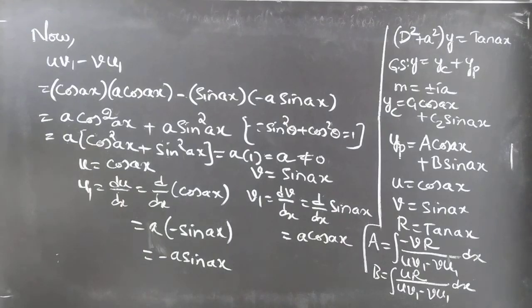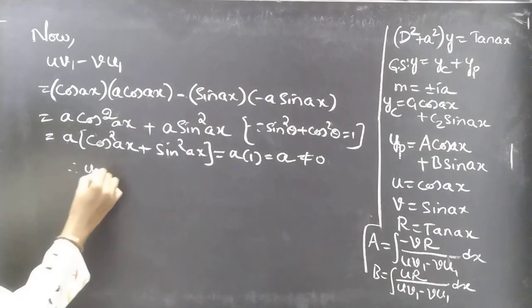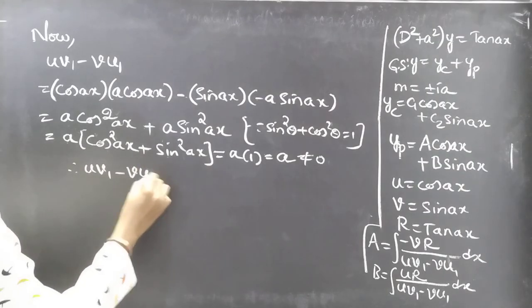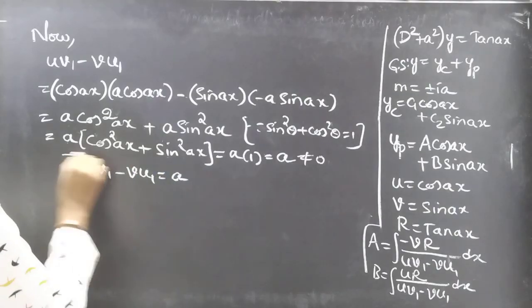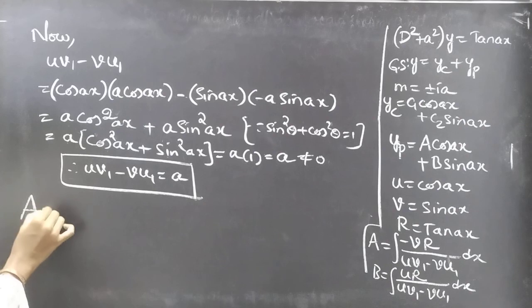Now let's find capital A and B, I mean functions of x. Therefore, uv1 minus vu1 equal to a. Now we are going to find the functions of x.